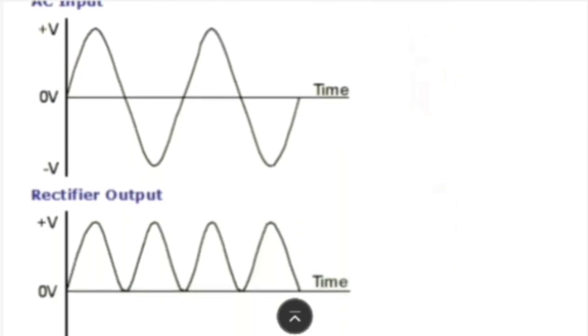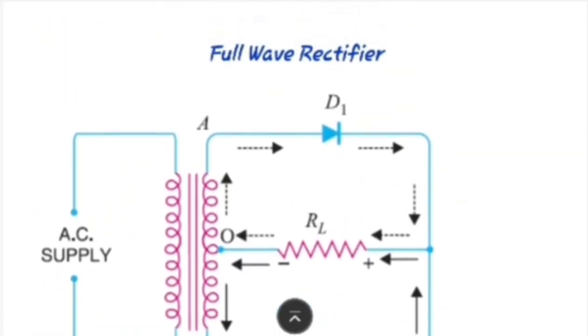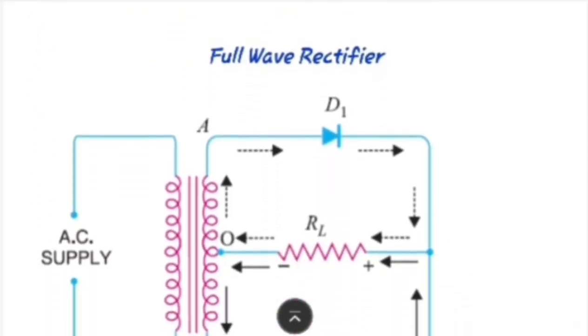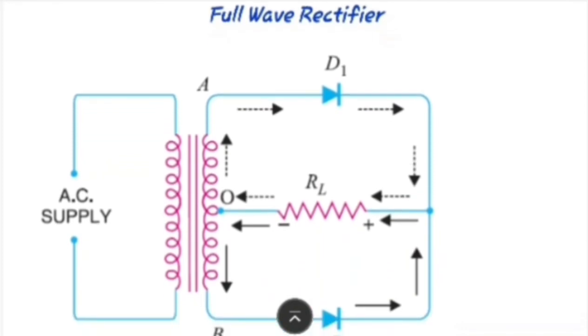If you see the difference between the outputs of full wave rectifier and half wave rectifier, then we will see that the total input is rectified in full wave rectifier, but in case of half wave rectifier the total input is not rectified. That's why for some purposes full wave rectifier is preferred. So this is the basic difference between half wave rectifier and full wave rectifier.